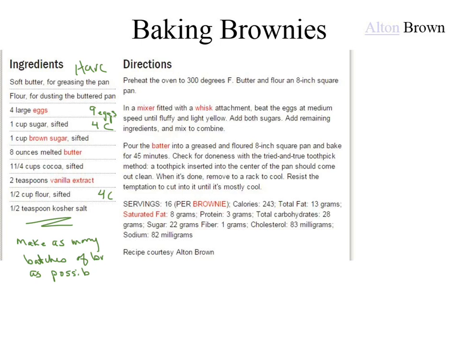And just eyeballing it, let's focus on the flour. Okay, so I need a ½ cup for each batch, and I've got 4 cups, so I could have 8 batches, right? 8 batches. That would be cool. That would be an army.